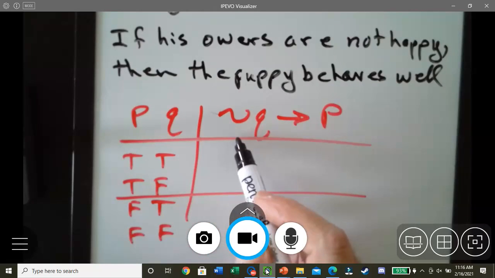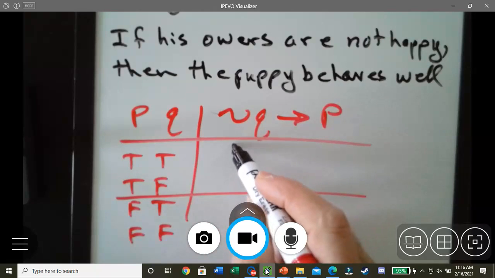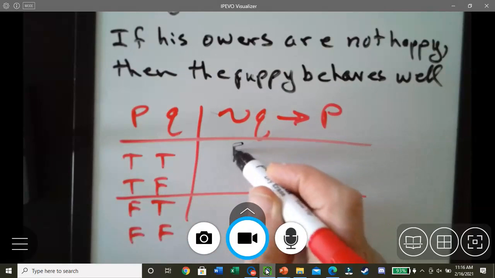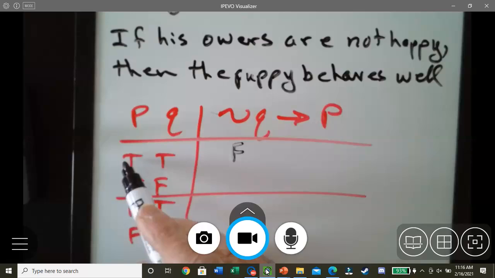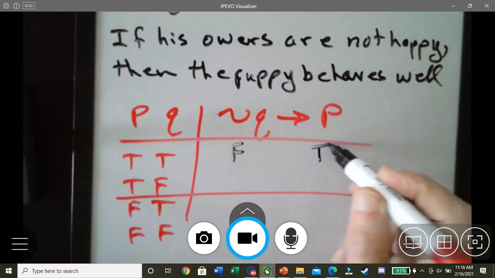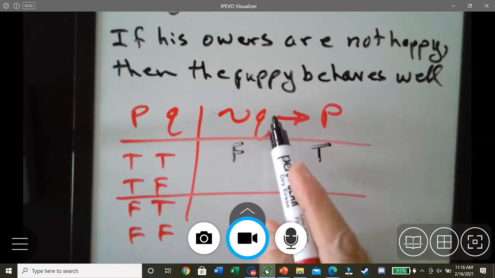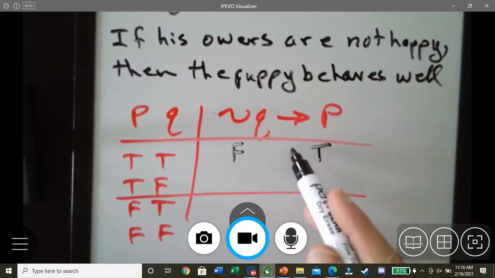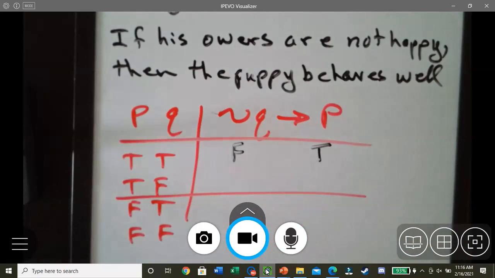Okay? All right. So we're saying here, not Q. Well, if Q is true, then not Q is what? False. And P, we said that's true. So we're saying if false, then true. Remember now, the only one that's false is right here. So is that going to be true or false?